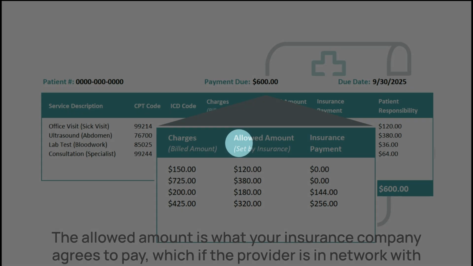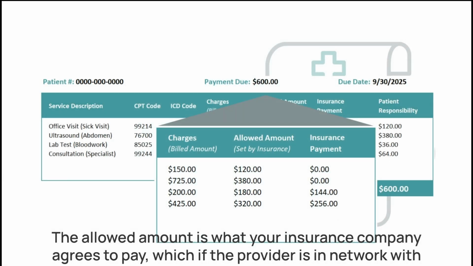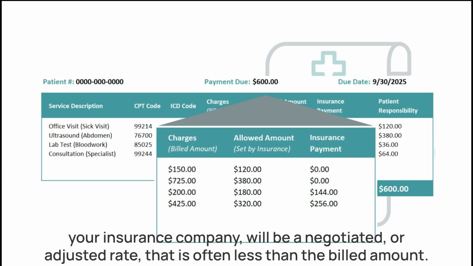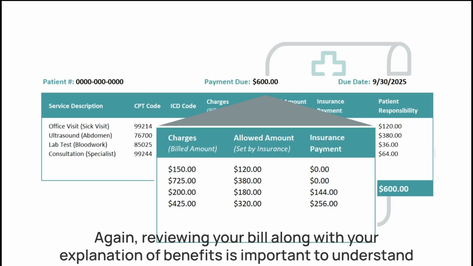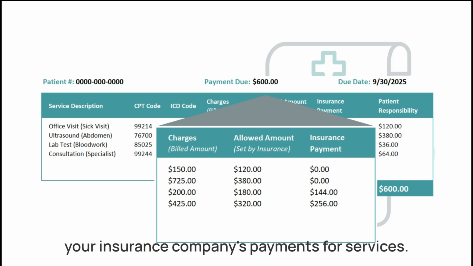The allowed amount is what your insurance company agrees to pay, which, if the provider is in network with your insurance company, will be a negotiated or adjusted rate that is often less than the billed amount. Insurance might adjust this amount to $120. Again, reviewing your bill along with your explanation of benefits is important to understand your insurance company's payments for services.